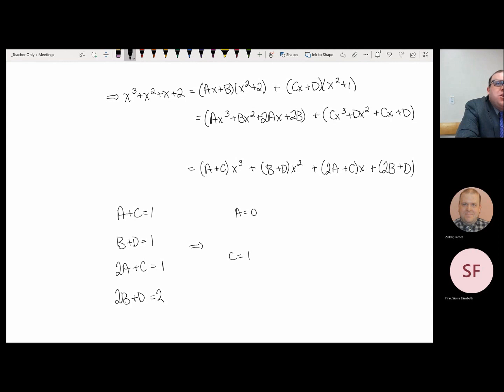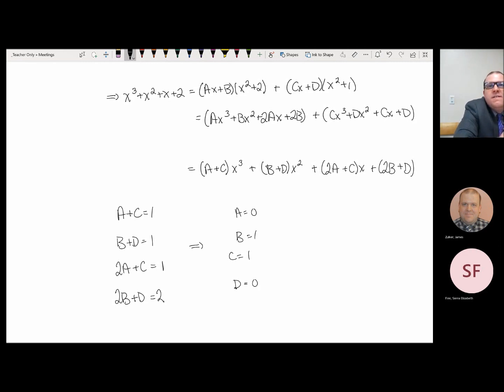It's a very similar argument with B plus D equals 1 and 2B plus D equals 2. So D equals 1 minus B, D equals 2 minus 2B. There's only one way that's possible. D has to be 0. Which means 1 minus B has to be 0.